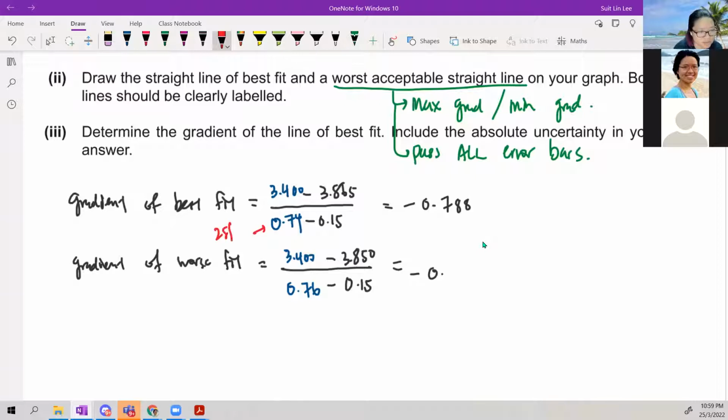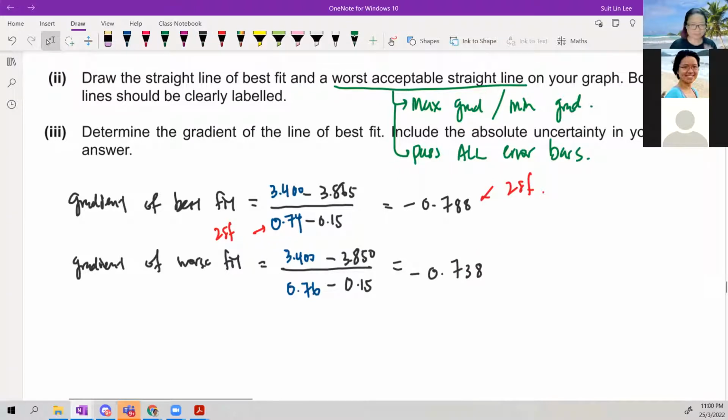This one is 2 SF, so this one should also be 2 SF. 3.850, divided by 0.76. Please compare answer. 738. This is mine. So if you draw a different triangle, it shouldn't be that far away.